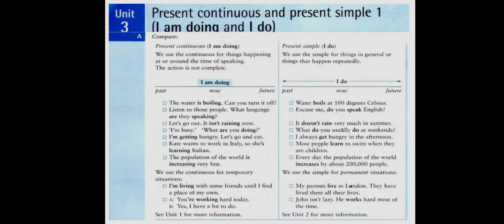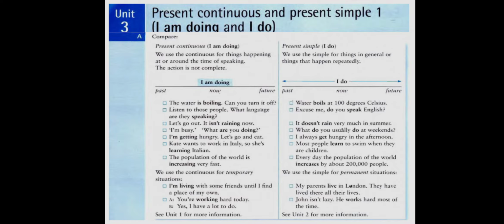The form of present continuous: subject plus verb to be plus verb plus ing. Subject plus verb to be, am, is, are, plus verb plus ing. I am playing, I am studying.